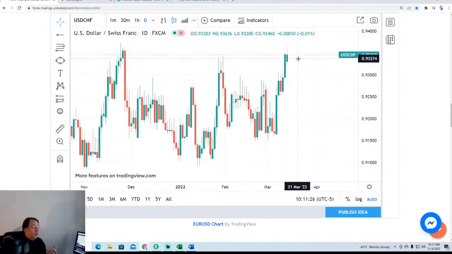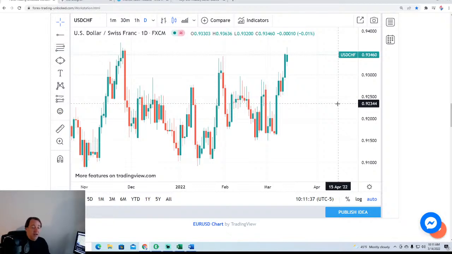There's no reason why the algos can't spike this up into Wednesday, get up to say even 94, but then come back down towards this 92.5. Very likely if dollar strength is maintained, and also depending on how the interest rates move afterwards on Wednesday, we'll see what happens.